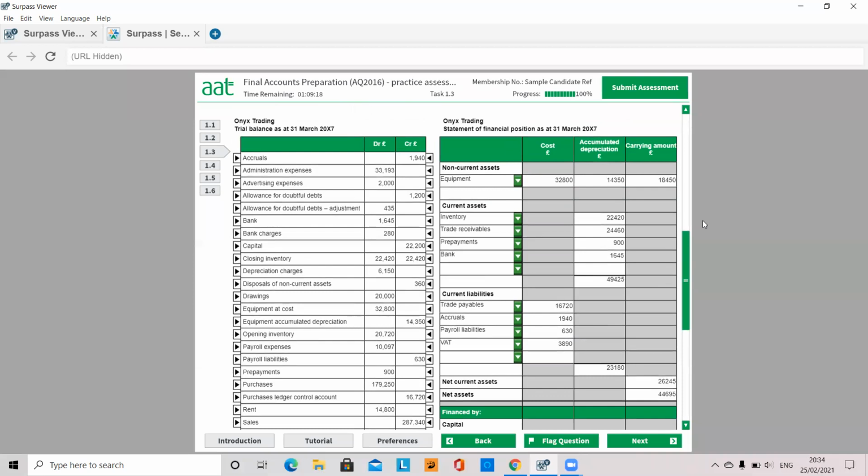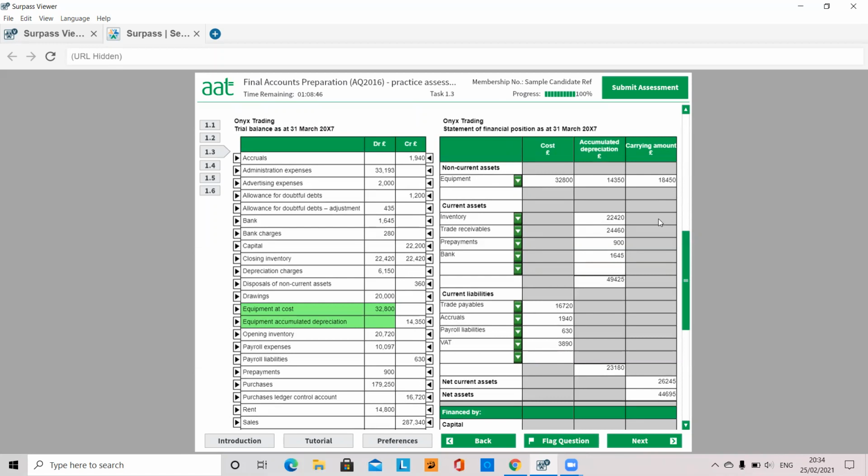We look through our trial balance and see equipment at cost of 32,800 with a cumulative depreciation of 14,350, giving us a carrying amount of 18,450. Cost minus accumulated depreciation, 18,450. So that's our non-current assets.